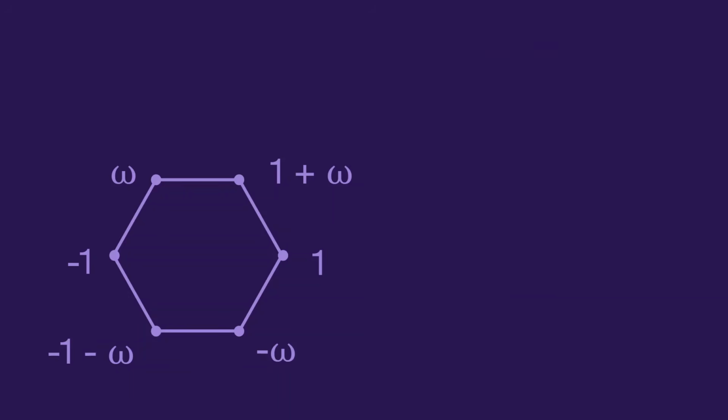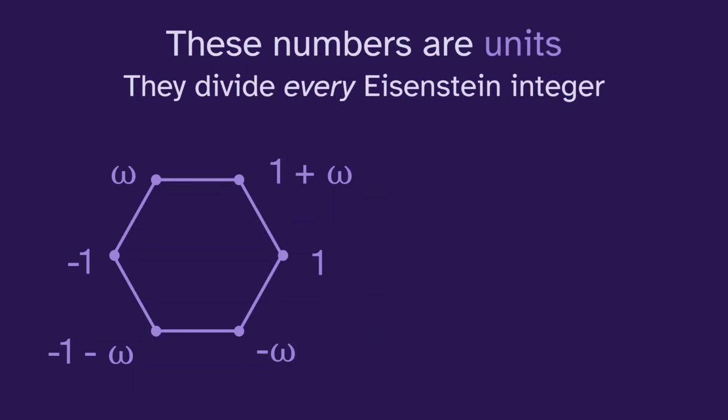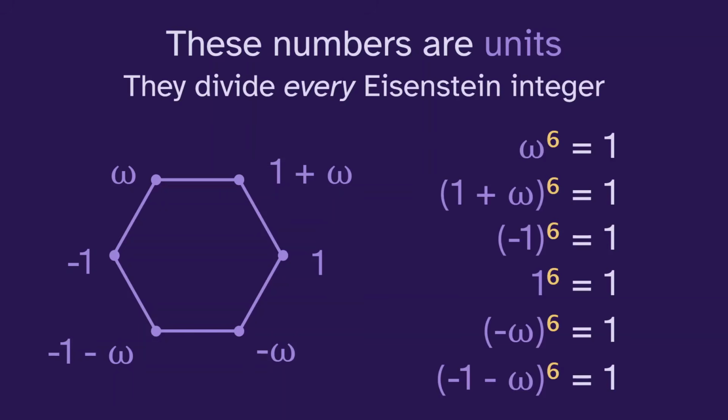Let's go back to this hexagon of points. These numbers are units, and what we mean by units is they divide every Eisenstein integer. And that's because each of these units to the 6th power equals 1. And I encourage you to check that yourself. It's a fun exercise.